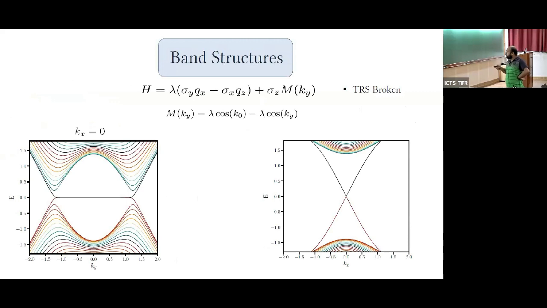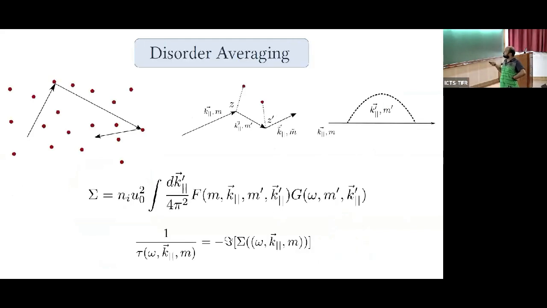Okay, so now my interest is in how much these Fermi arcs actually affect electron transport in a Weyl semimetal. So let us have one slide on the disorder averaging.